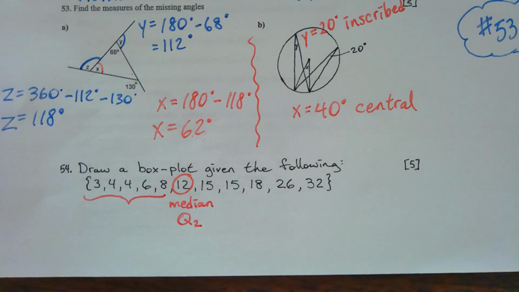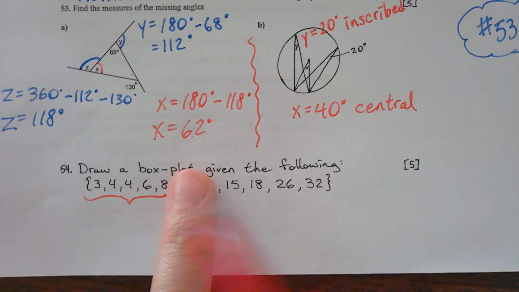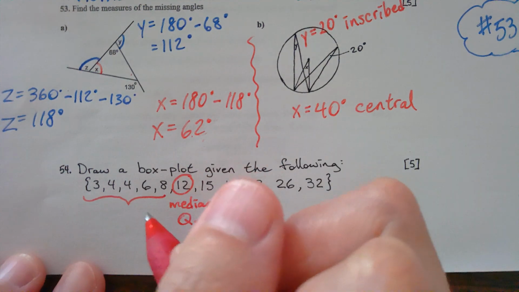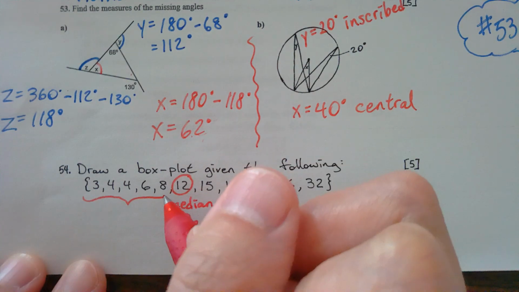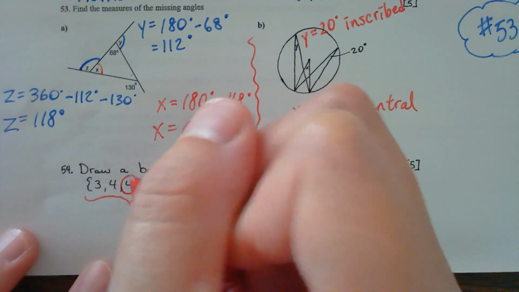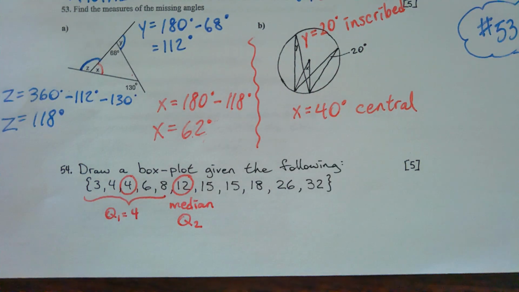First half. So to the left of your median, since we used 12 already, I'm not going to use it again. I'm going to do the Q1 from this first half of numbers, and I can see it's this 4 right here. So Q1 equals 4. What's another name for Q1?